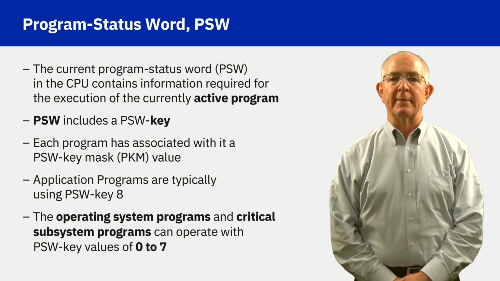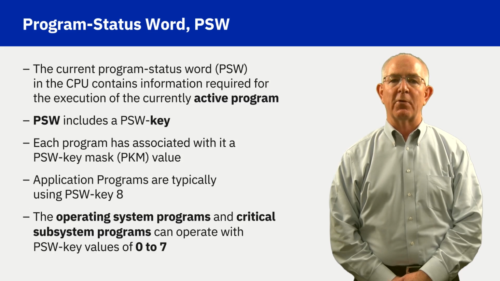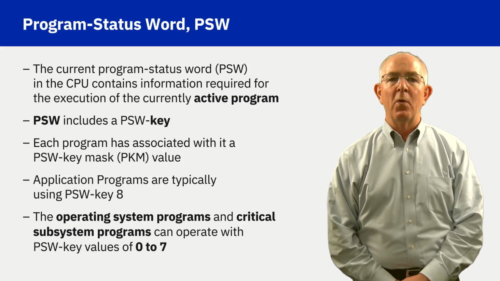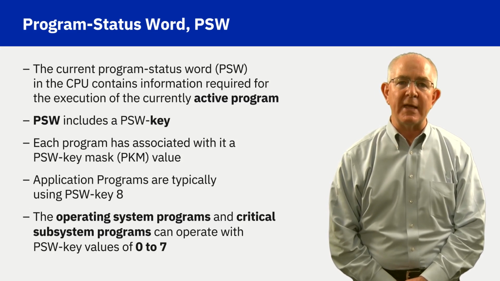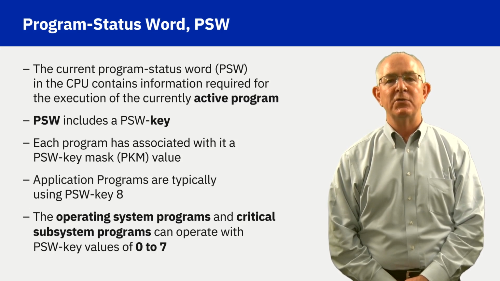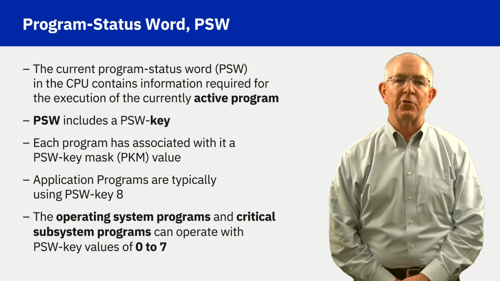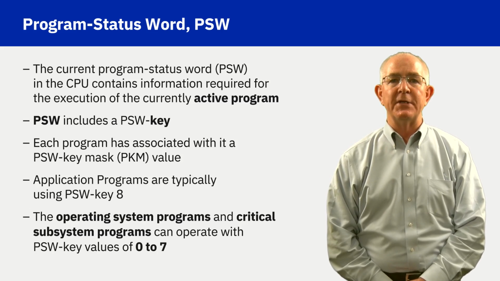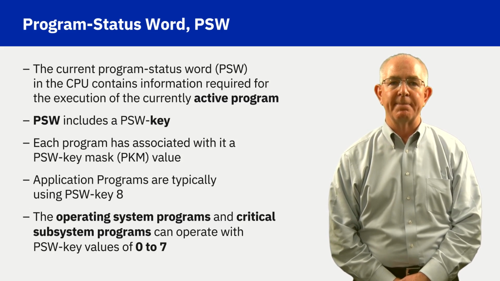Operating system programs and critical subsystem programs are assigned a PSW key value of either 0, 1, 2, 3, 4, 5, 6, or 7, depending upon the specific component program.